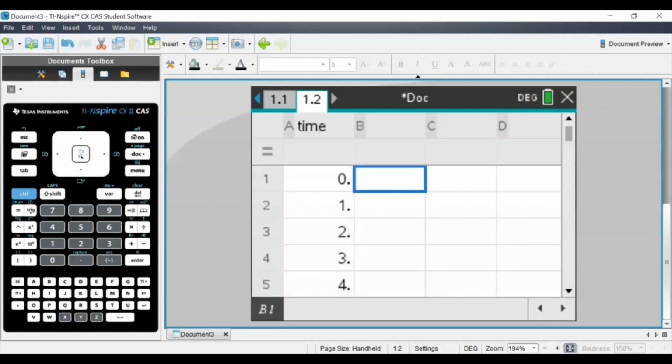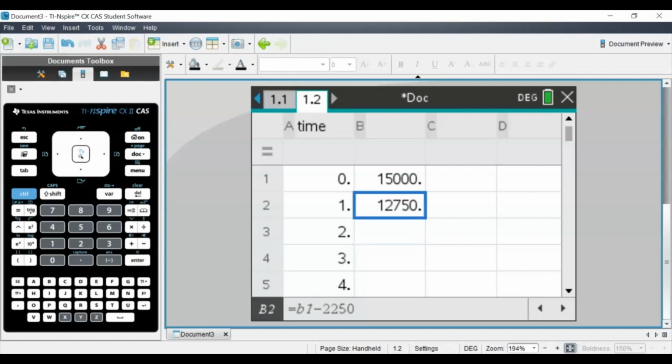At the start it was 15,000, and then every time we subtract 2,250. So we put the equal sign, this cell minus 2,250. You press enter, and that's how much it's going to cost after 1 year.